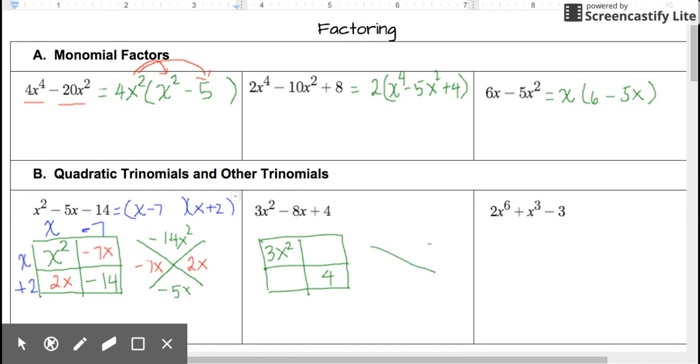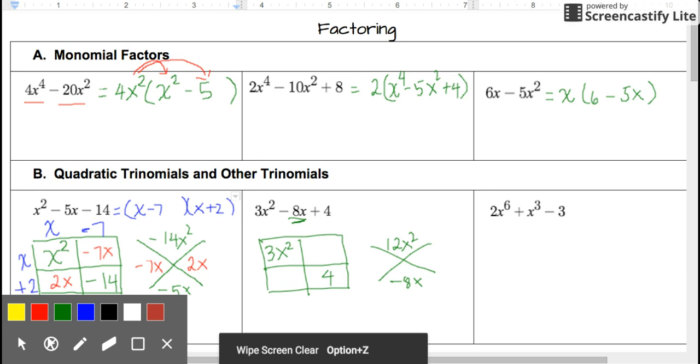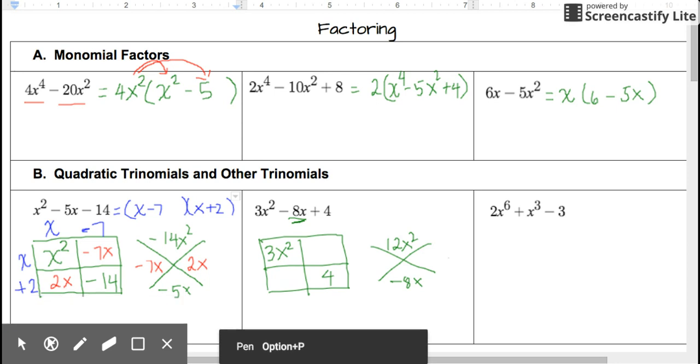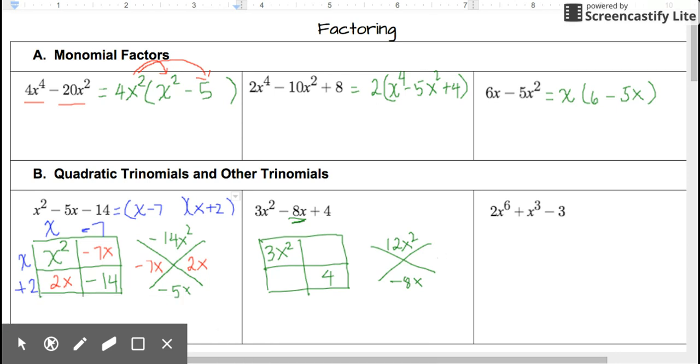We know that the missing two parts will have a product of 3x squared times 4, which is 12x squared, and a sum of negative 8x. When we add these two, that's what we get for the sum. So what do we multiply to get 12x squared and add to negative 8x? That's going to be negative 6x times negative 2x. Then we put them here.